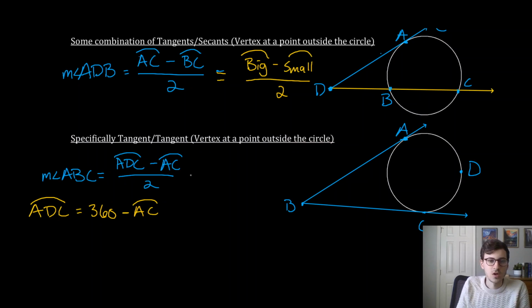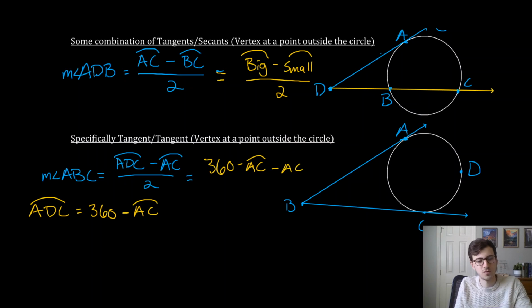Okay. So then how does that change this equation? Well, instead of ADC, I would write 360 minus the measure of arc AC, minus arc AC again, right? I just replaced ADC with 360 minus AC divided by 2.